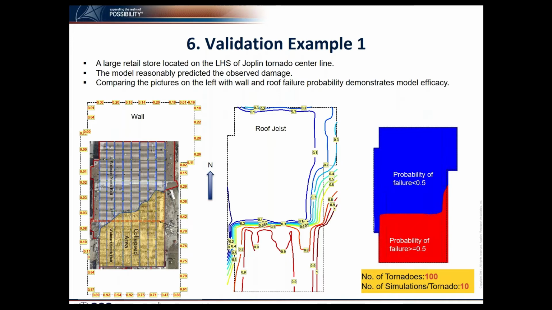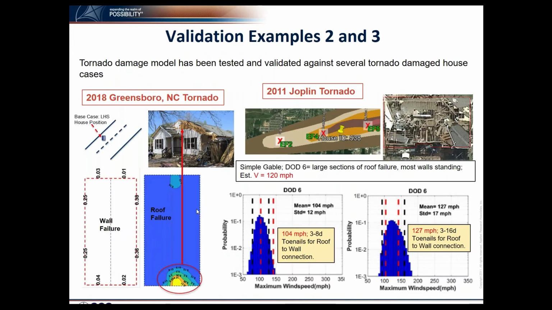In the probabilistic runs, we get higher probabilities of wall failure. These yellow boxes show the wall element failures, and these are the roof joist failure contours. You can see the damage probabilities are much higher in this area, which resembles the actual observed damage.